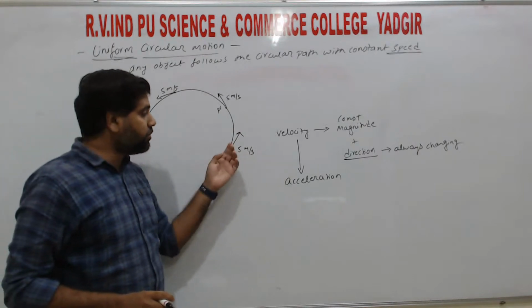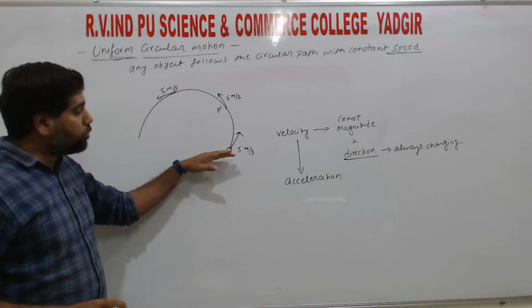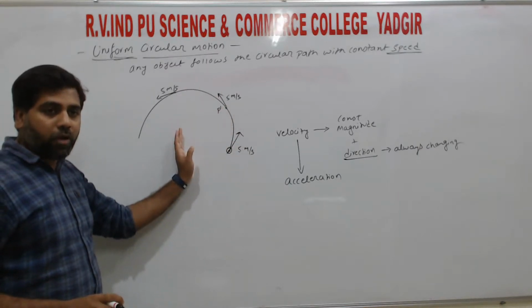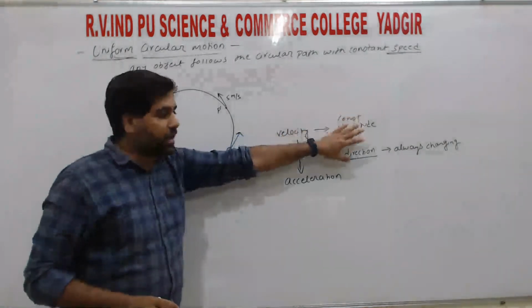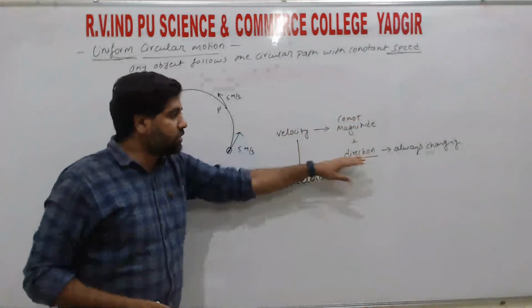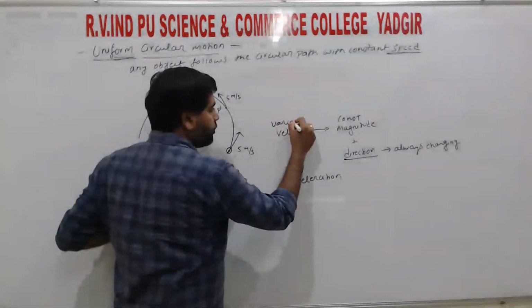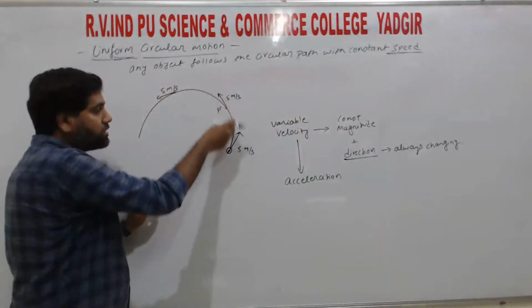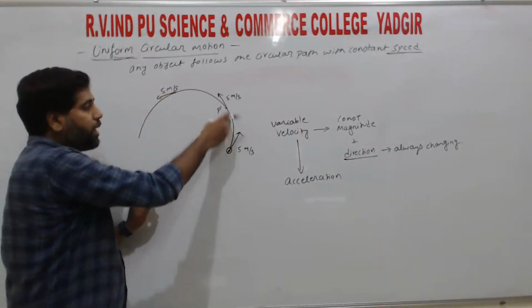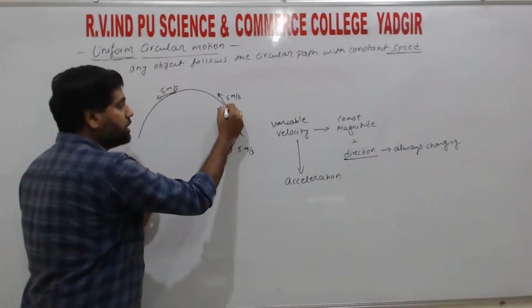If it changes direction, we say the object is moving with variable velocity. If the magnitude remains constant but the direction changes, the object is moving with variable velocity.